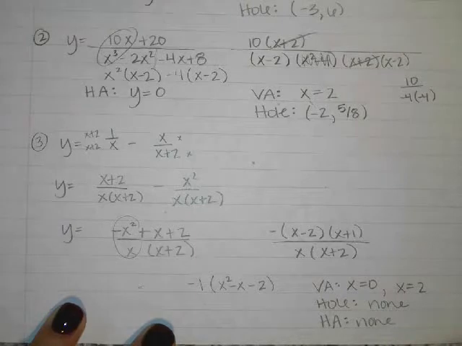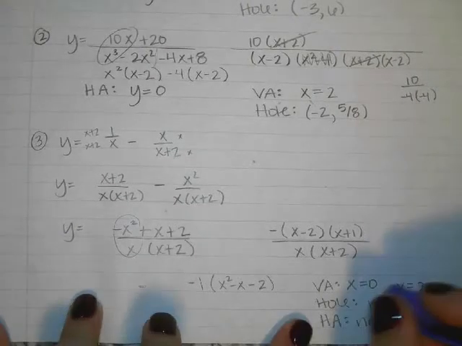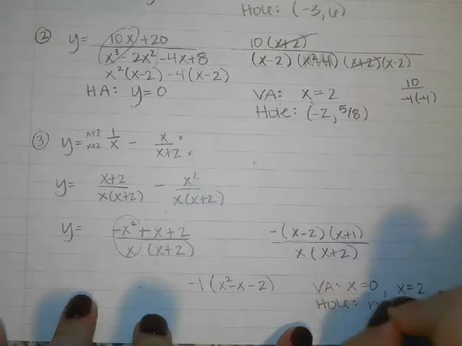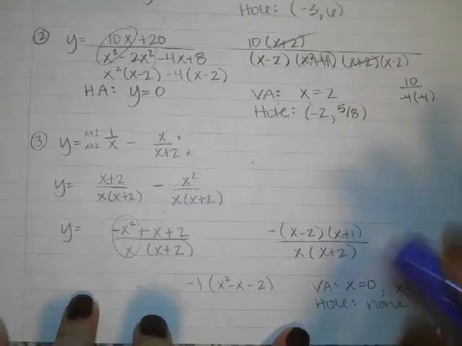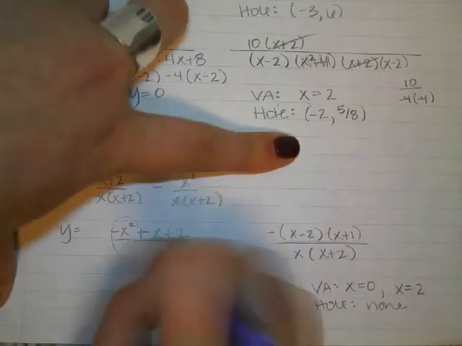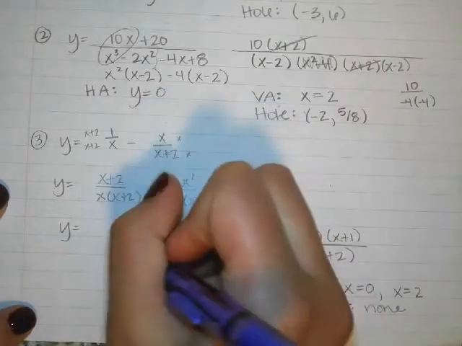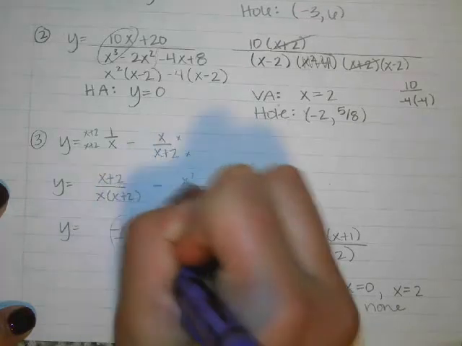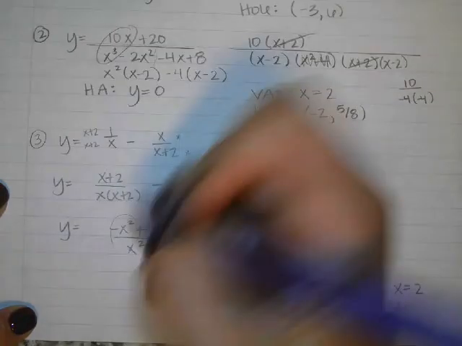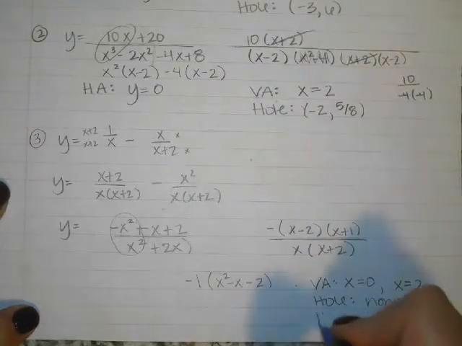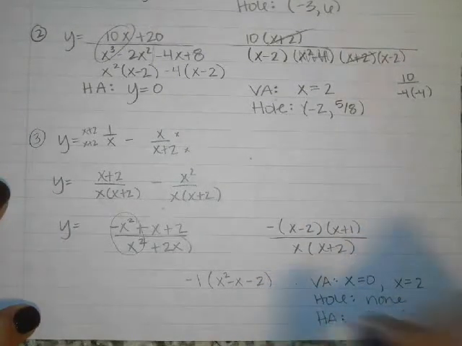Hopefully you're picking up on this, that's not actually the degree of the denominator because it's not multiplied out. Anyone catch that before I said it? Hopefully. If this had been distributed, that would have been x squared plus 2x. Goodness gracious. That's actually the same. Huh. All right, so that means the horizontal asymptote, there is one.